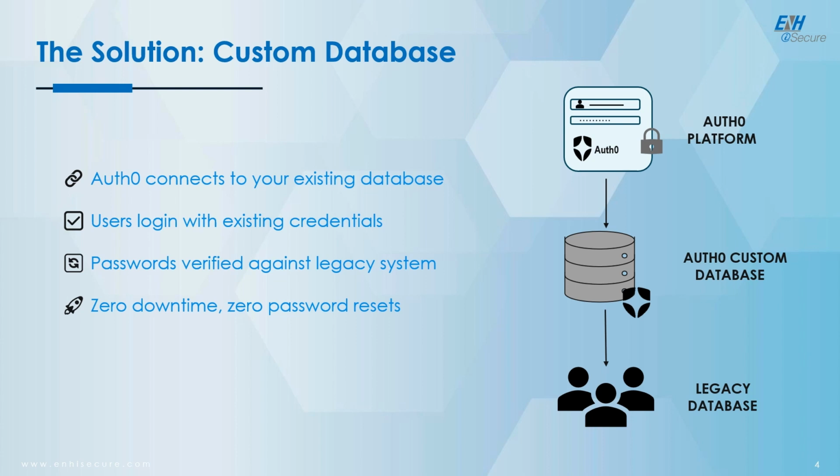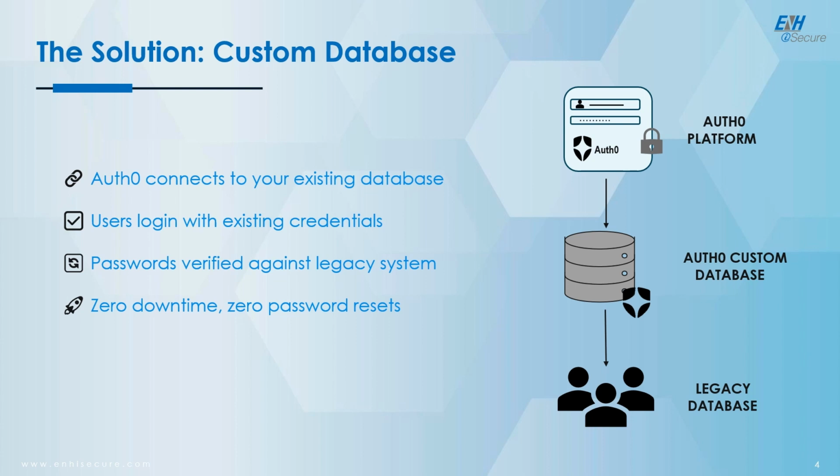Auth0 speaks your database's language, whether it's MySQL, PostgreSQL, MongoDB, or any other database. For Auth0 to reach your database, you'll also need to ensure network connectivity by opening firewall and ports. And now, to validate the password against your legacy database, make sure to include the password hashing libraries in the script that match your current implementation.